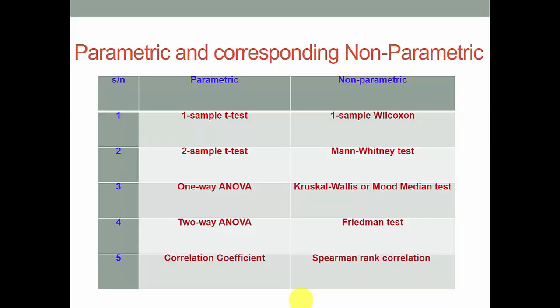Let's go to slide 18. I gave out some examples of parametric statistics and their corresponding non-parametric statistics. So we are familiar with the one-way ANOVA, and whenever you realize that the assumptions of the one-way ANOVA are not met, it's always recommended to use the corresponding non-parametric statistics.